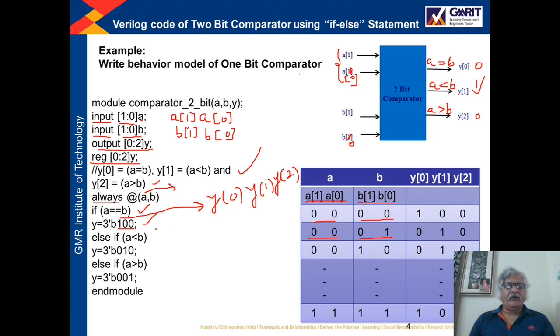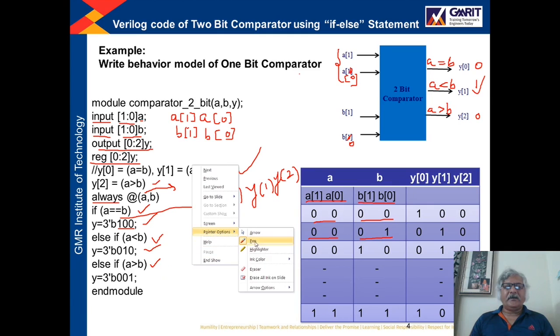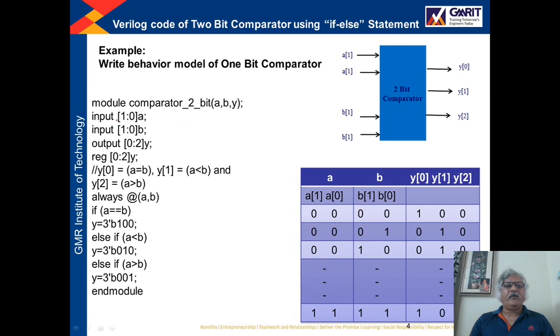Exactly the same way as we discussed in the 1-bit comparator. Then else if A is less than B, 0 1 0 will be assigned to Y. Else if A is greater than B, then Y is equal to 0 0 1 will be assigned. So simply by changing the scalar type A and B into this vector type, we can write the comparator of a 2-bit number.